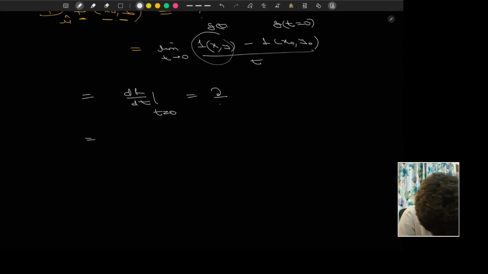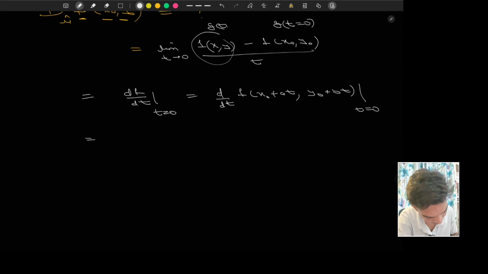So here let me expand this. This is d by dt of f as a function of x comma y, but here x is equal to x0 plus at, and y is equal to y0 plus bt, and we have to evaluate at t is equal to 0, right?